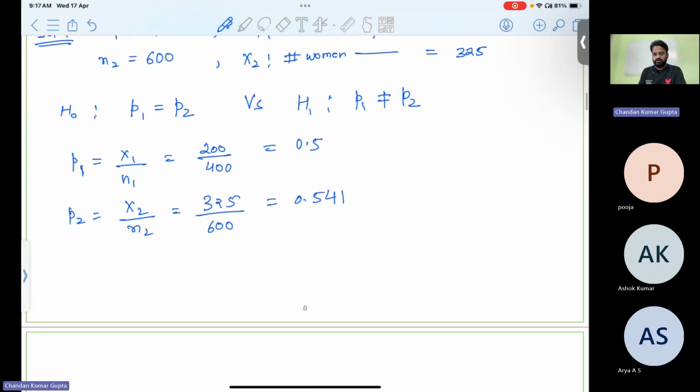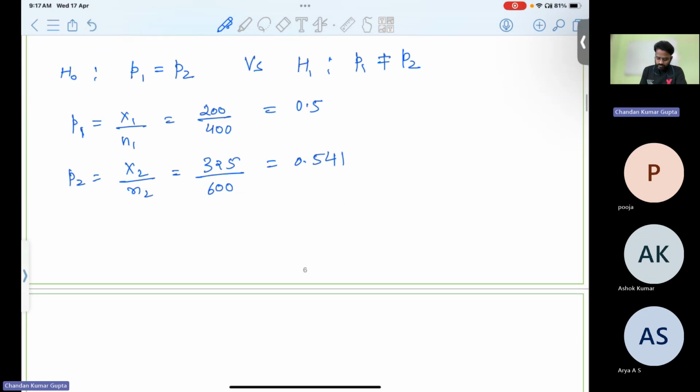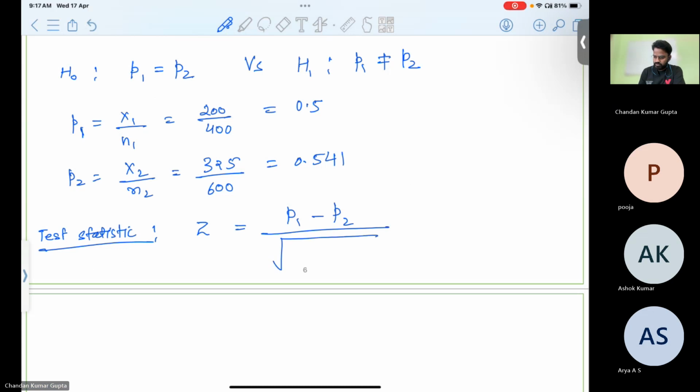Now the next step is to calculate the test statistic. So the test statistic is z equal to p1 minus p2 divided by the square root of p cap times 1 minus p cap multiplied by n1 n2 upon n1 plus n2. Okay, so this is our formula for the z statistic.